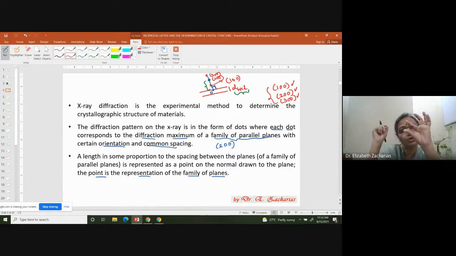Similarly, the gap between 300 planes is 1 by 3, and the reciprocal of 1 by 3 is 3, so I put the third dot. So I am going to get a series of dots representing the various parallel families.